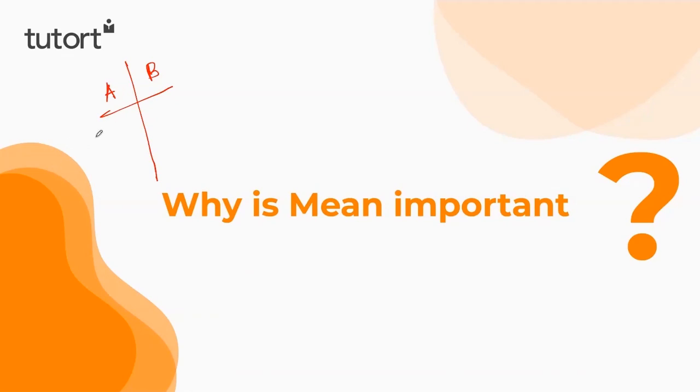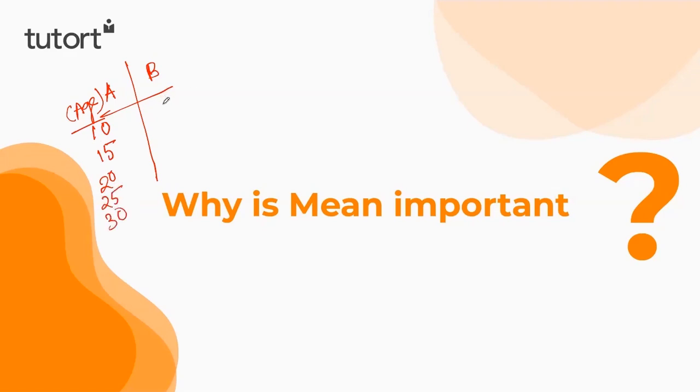Suppose in Group A, there are 5 employees, and let's consider these numbers as age. I'm taking arbitrary numbers. So suppose in Group A, the ages of the employees are 15, 10, 15, 20, 25 and 30.